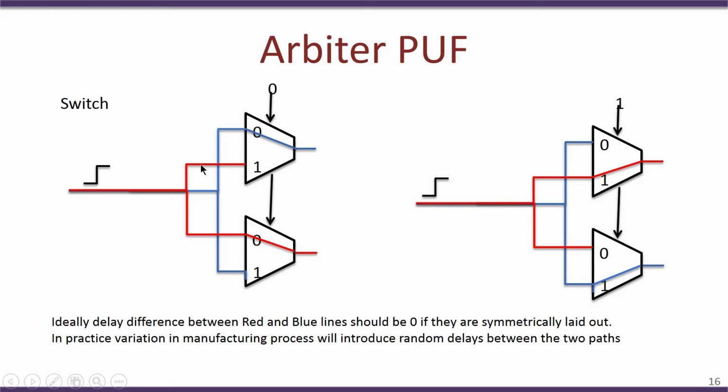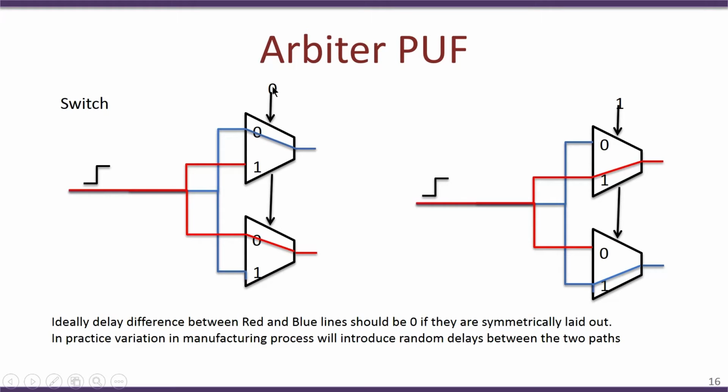If you consider this particular figure, both are given the same input, that is 0 over here, and the same 0 is connected to this as well. Each of these multiplexers, based on its select input, either 0 or 1, will switch the corresponding input to the output.